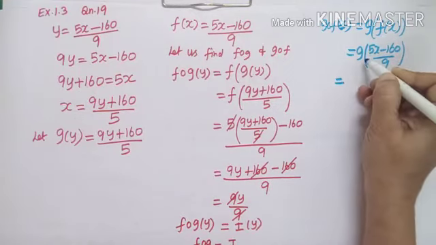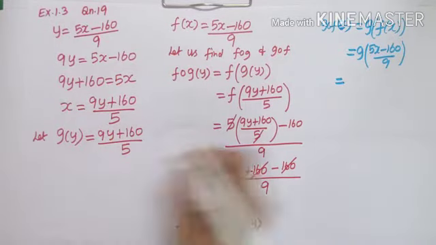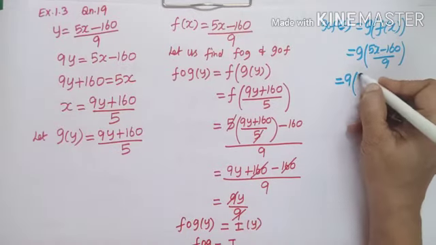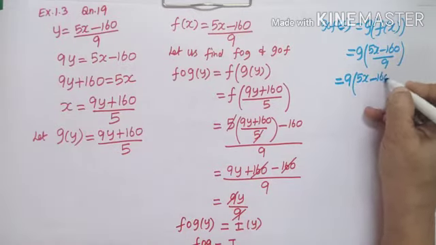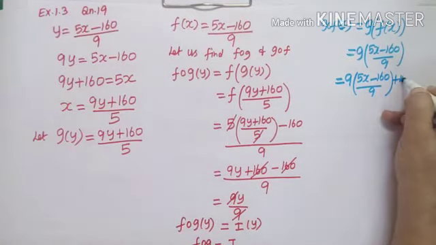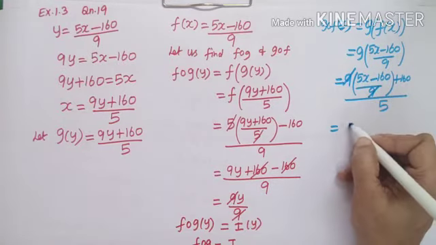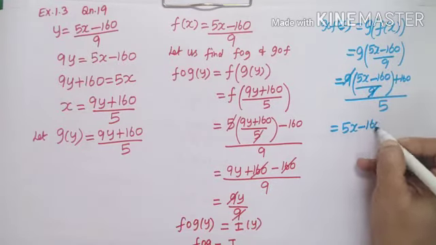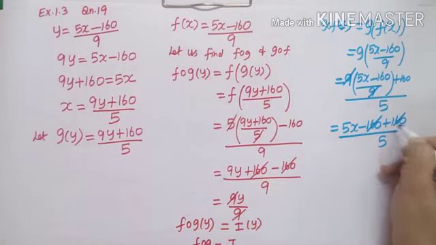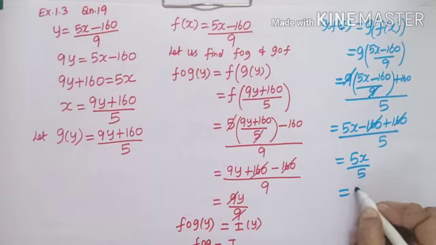And what is g actually? (9y plus 160) by 5. 9 in the place of y, put this (5x minus 160) by 9, plus 160, divided by 5. 9 cancels. (5x minus 160 plus 160) by 5. 160 cancels. 5x by 5 cancels.